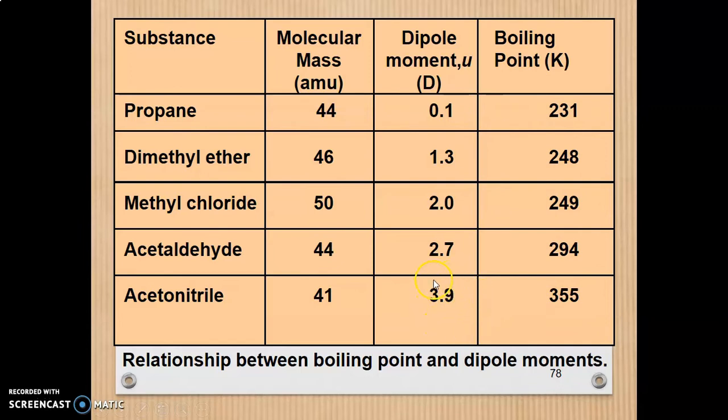So the greater the dipole moment, the more polar the molecule, and the higher the boiling point. The relationship between boiling point and dipole moment is directly proportional.